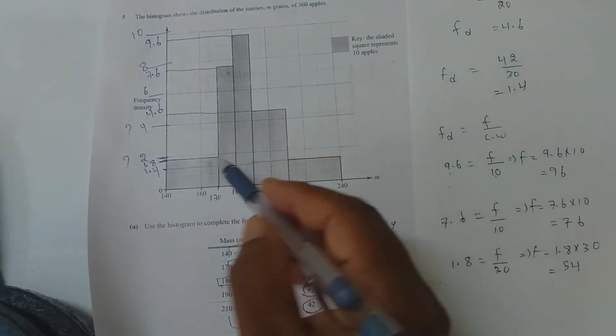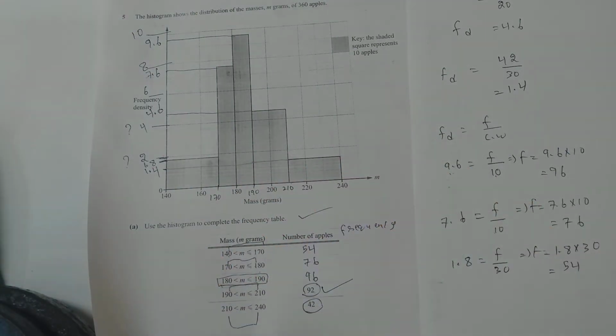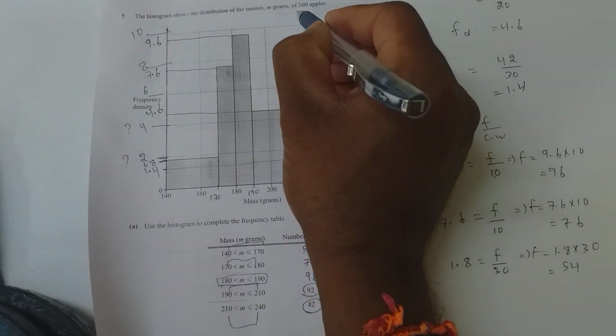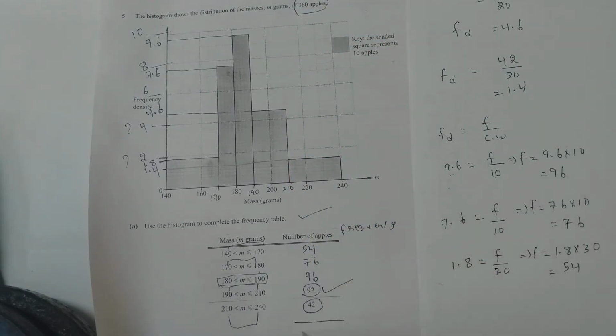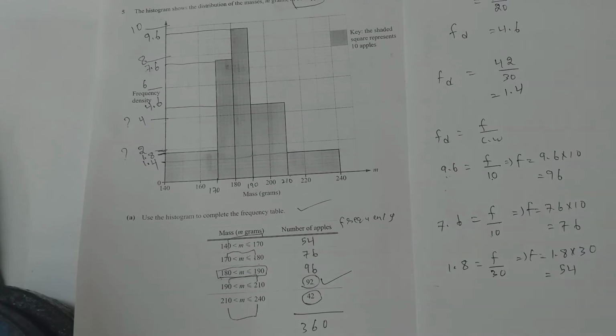Once I got this number, I could find the frequency density for the other blocks, which helped us find the frequency. Now, how do you check whether your answer is correct or not? He said the total is 360 apples. So if you add all of these, your result should be 360. If you are not getting 360, your answer is wrong. Am I clear? Okay.